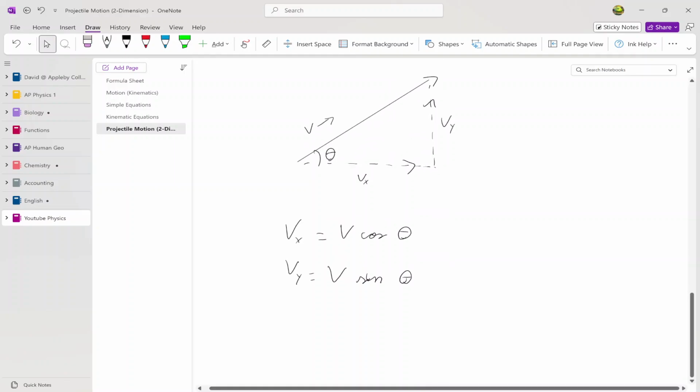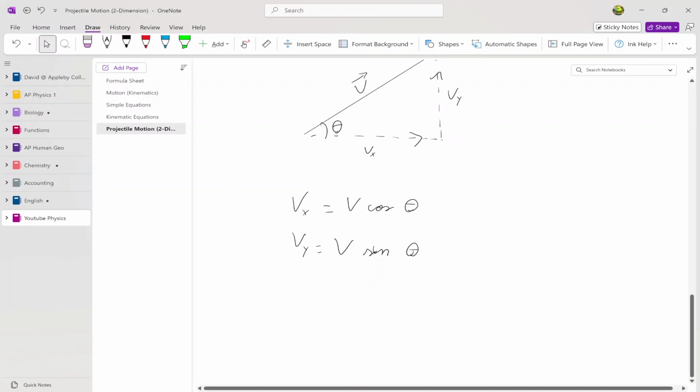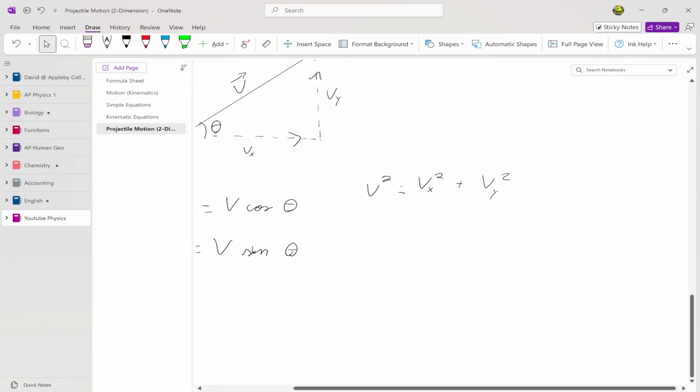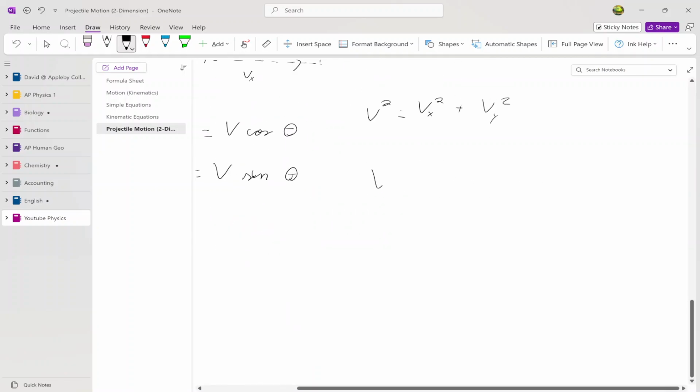And then if you ever want to find the actual vector, this can happen a lot, you would just have to use v squared equals vx squared plus vy squared. Or a neat little trick I use is just doing this.